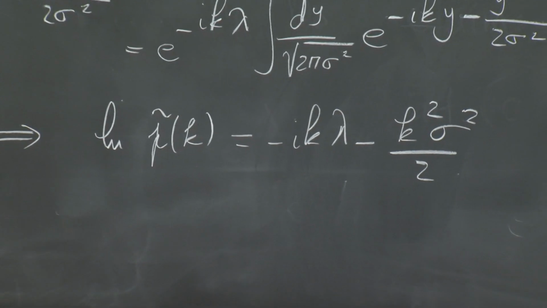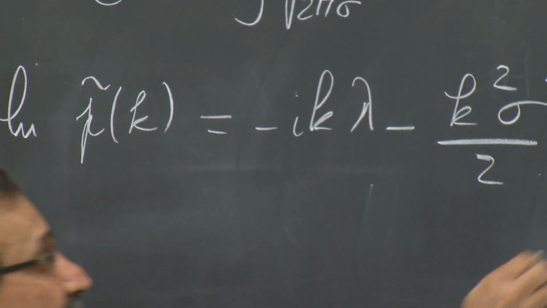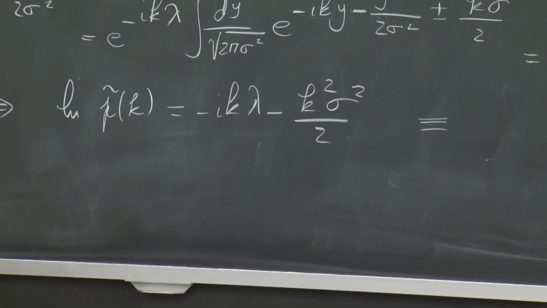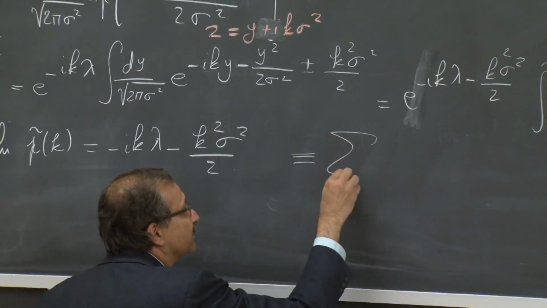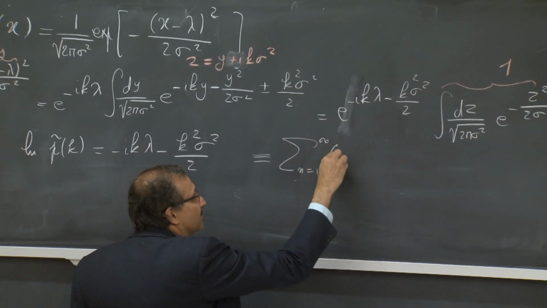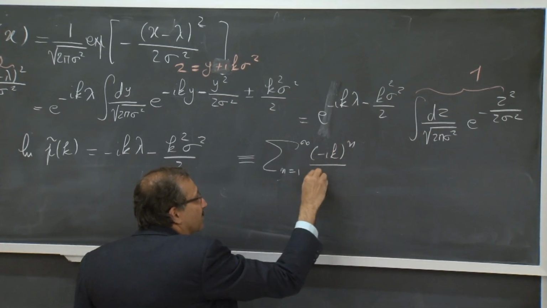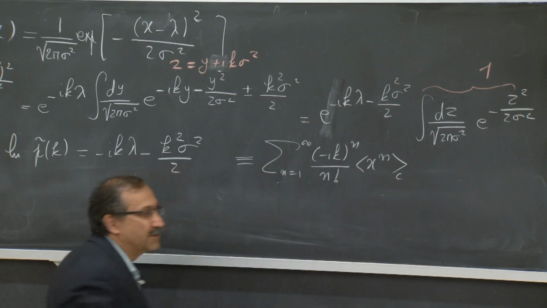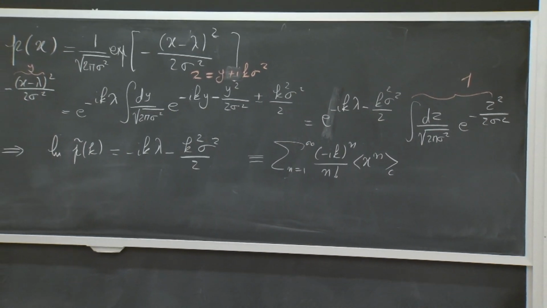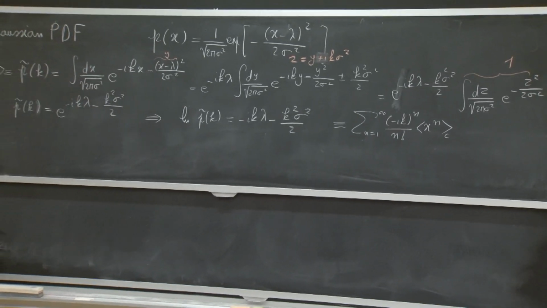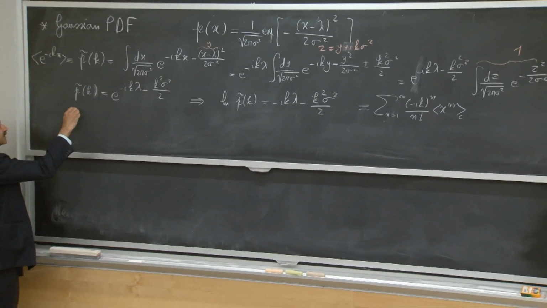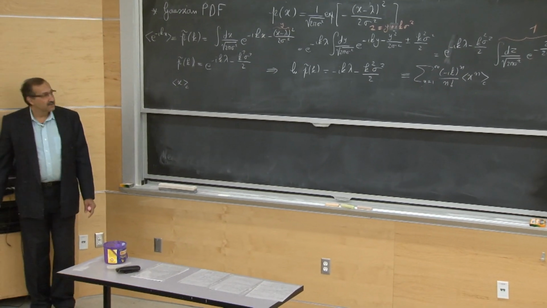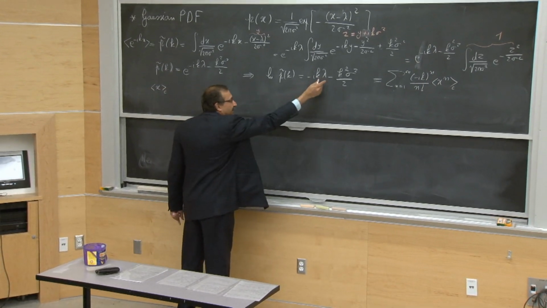And what we had said was that by definition, this log of the characteristic function generates cumulants through the series minus ik to the power of n over n factorial, the nth cumulant. So looking at this, we can immediately see that the Gaussian is characterized by a first cumulant, which is the coefficient of minus ik. It's lambda.